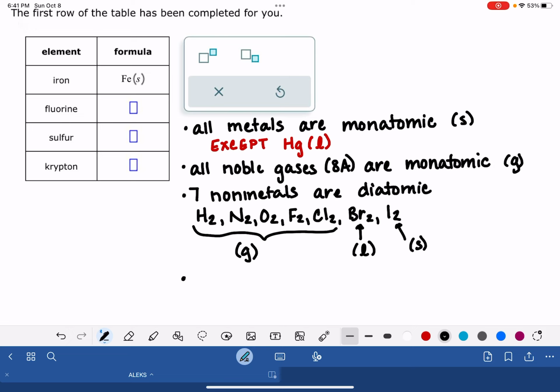And then we just have a couple of weird outliers. If you have phosphorus, its natural state is P4 as a solid. And if you have sulfur, its natural state is S8 as a solid. S8.